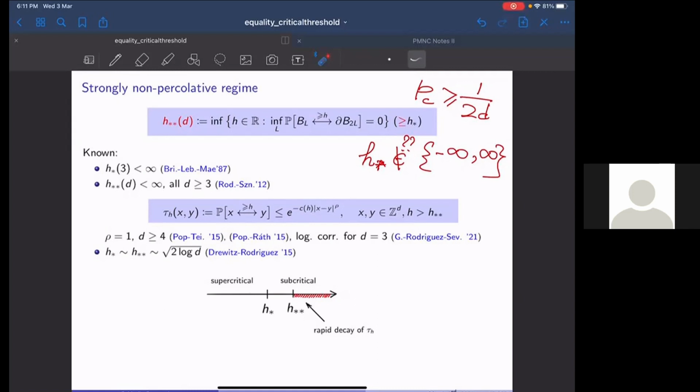It was first proved in dimension 3 in a 1987 paper by Bricmont, Lebowitz, and Maes, but their proof is not robust. It uses a very particular property in dimension 3, which is essentially that an infinite line is a recurrent set for the random walk in dimension 3, but it's not for higher dimensions.